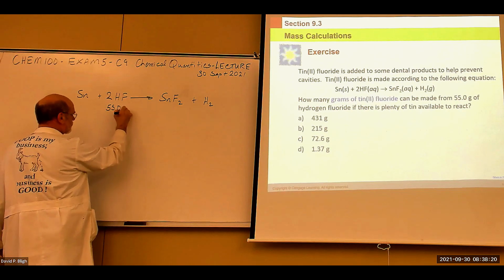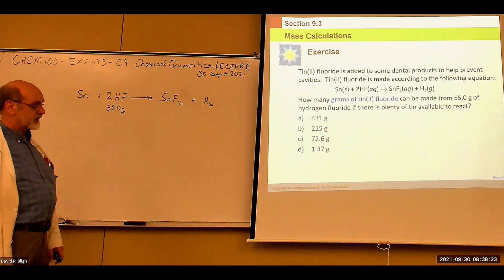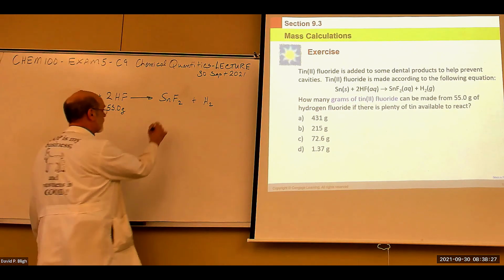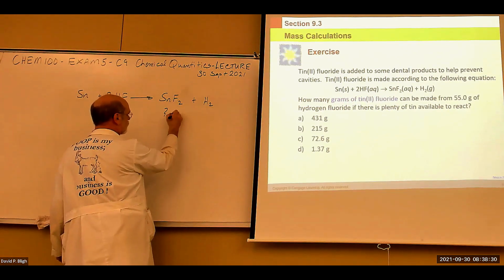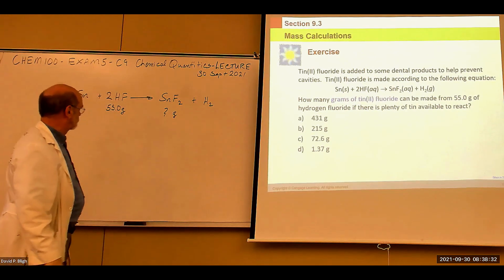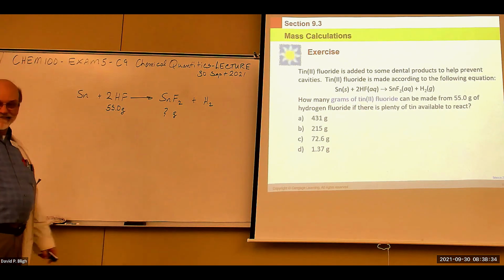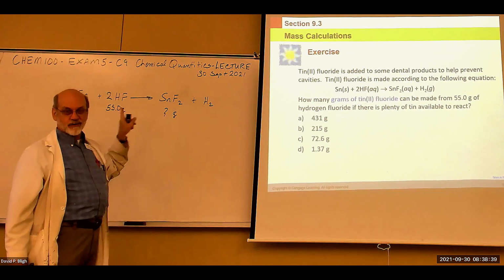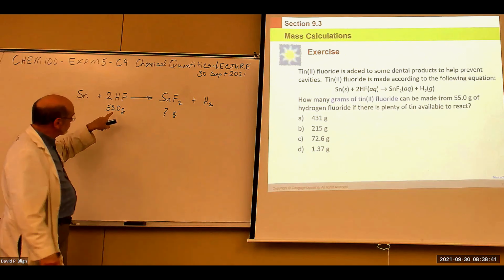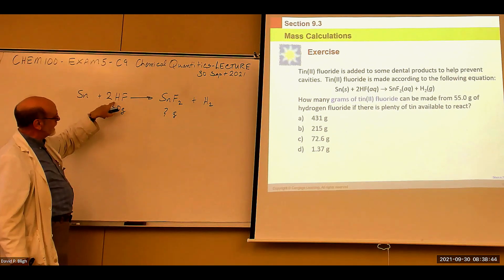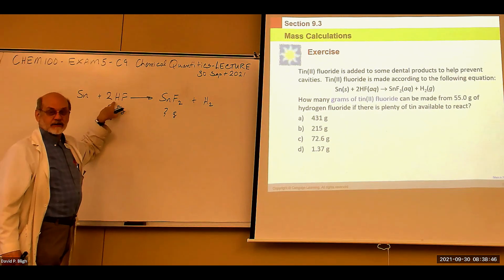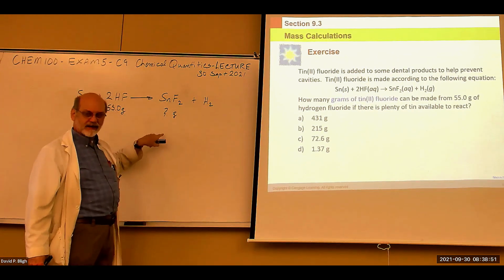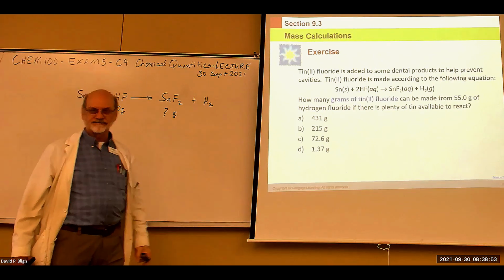And the question is, how many grams of tin(II) fluoride can we make? So the question is this one, in grams. Now I know the balanced equation, what's given, and where I'm headed. So I know I have to convert this into moles of that, then convert those moles into these moles, and then convert back into mass.